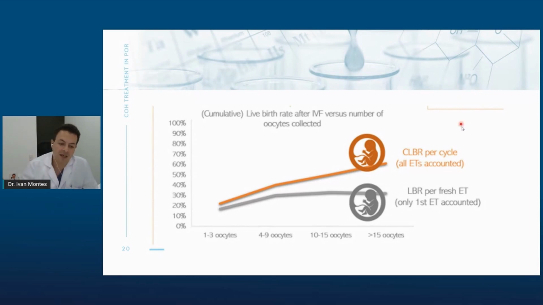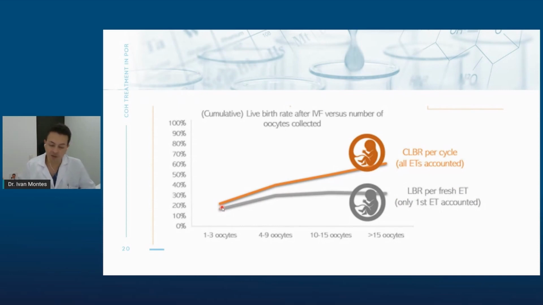So when we have less than 1 to 3 oocytes, the live birth rate per cycle, including all the embryo transfers, is less than 20%. And with one fresh embryo transfer, only counting that first embryo transfer, the percentage of pregnancy is less than 10%.